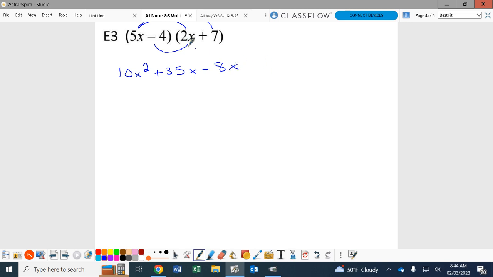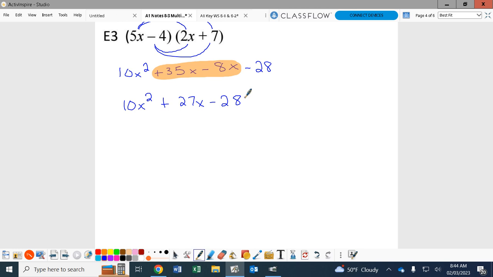And finally, negative 4 times 7 is going to give us negative 28. Okay. Now, when you combine those two in the middle, guys, what is that going to give you? What was it? 27. Excuse me, 27x. There we go.